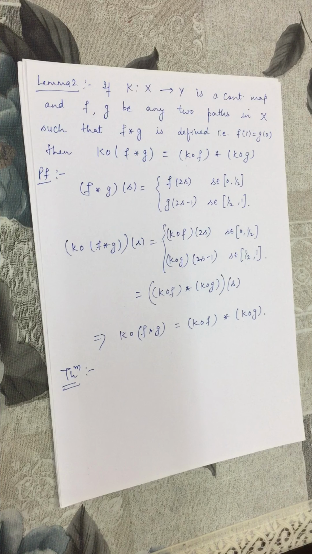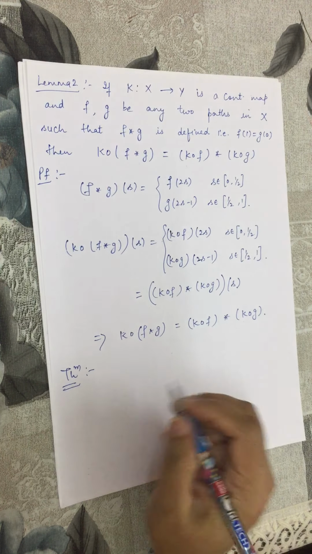That means there exists a homotopy class which acts as an identity element for that product, which means that for every path homotopy class F, there exists a path homotopy class, let us say e x0, which acts as identity element.